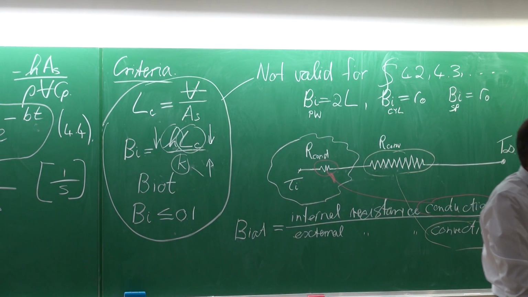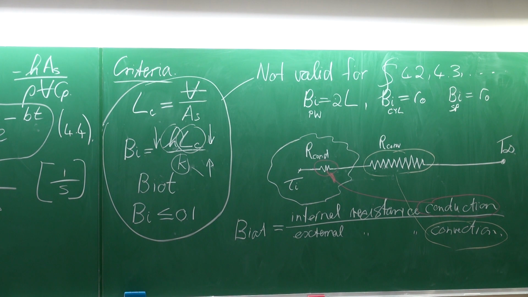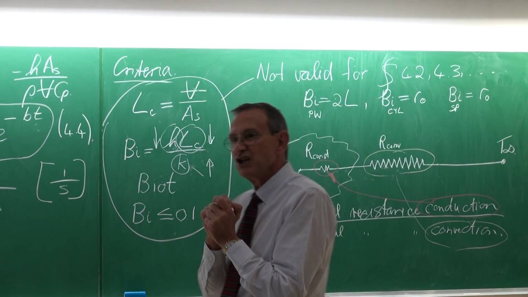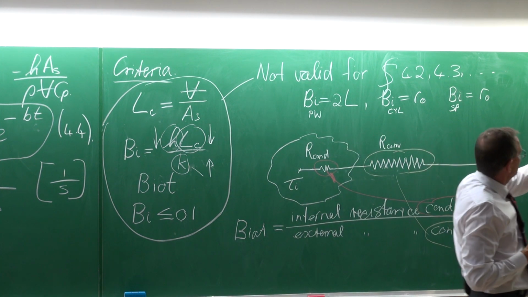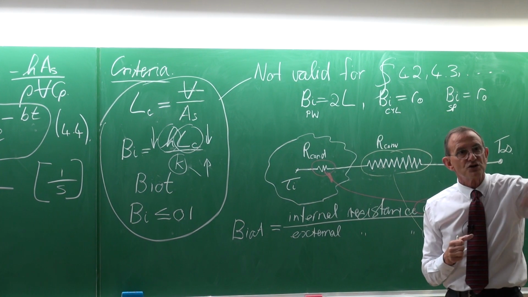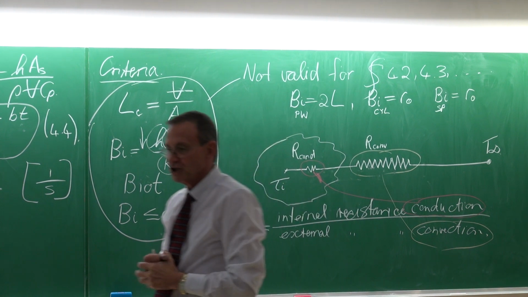So those types of bodies, like a ball bearing, a diamond that you put in your diamond ring, typical geometries like that. There, if you would go and measure the temperatures in the center and the surfaces, you will almost not measure any temperature difference.